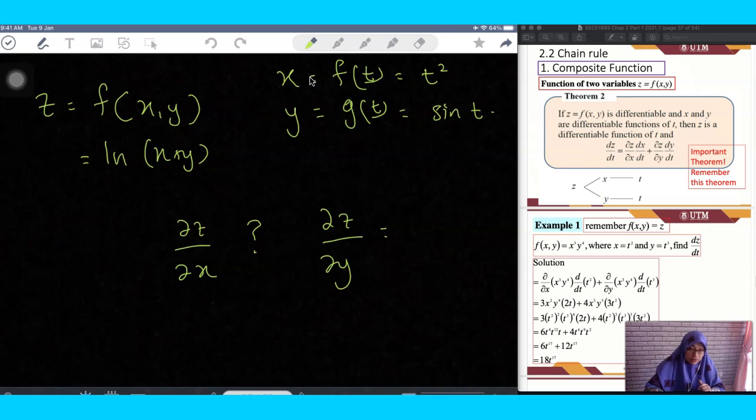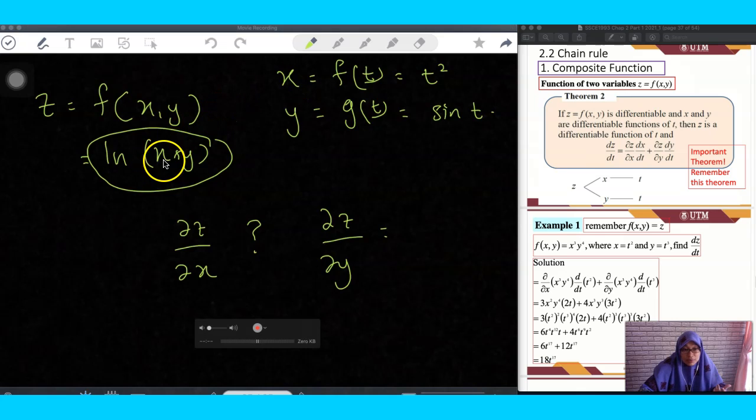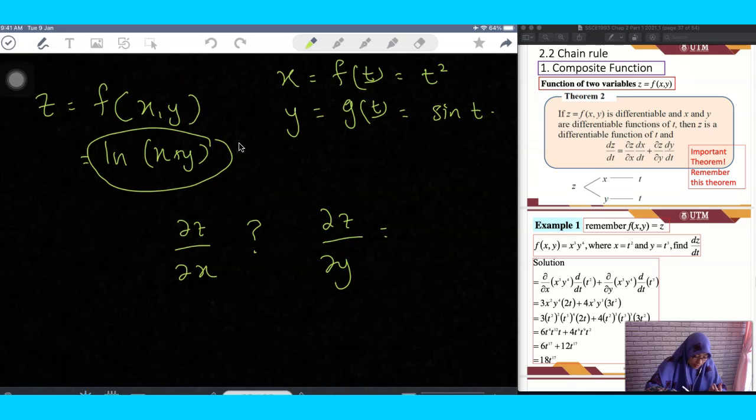In this case, you cannot just refer to this like we did before, because now your x is in terms of t and your y is in terms of t. Getting del z del x and del z del y is fine. But how about if you want to determine dz over dt?